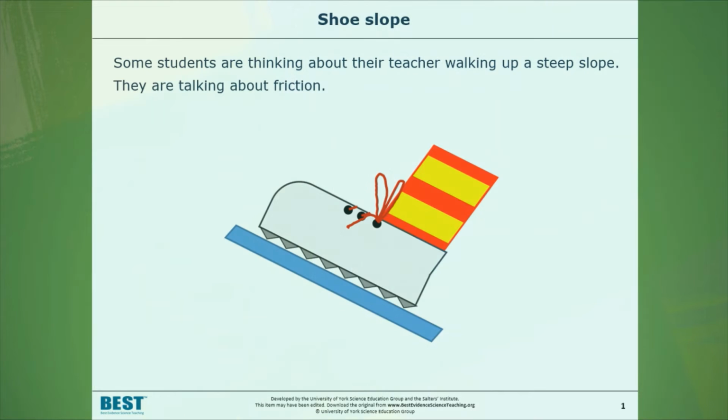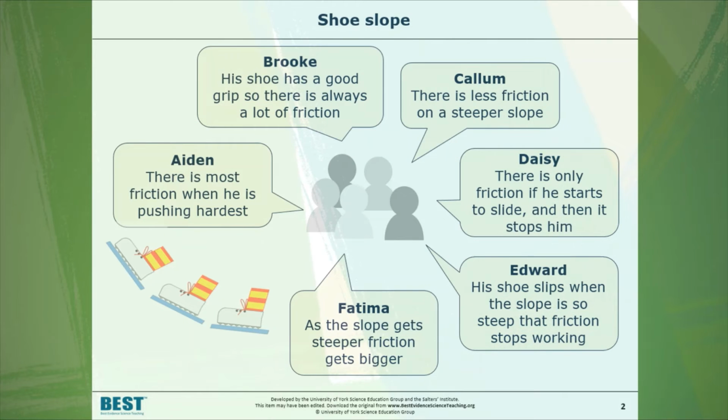Some students are thinking about their teacher walking on a steep slope. They are talking about friction. You can see that there are huge spikes on the outsole of the shoes. Now, I want you to pause this video once again and study all the responses of the students here to see who is correct and who is wrong.